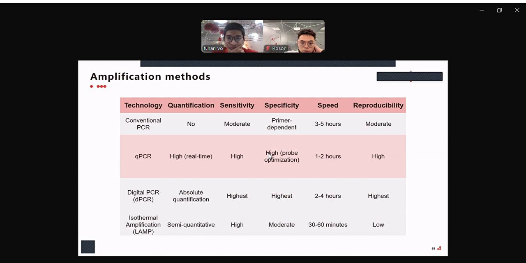And if the specificity gets too high, the sensitivity might get lower. So a good machine, a good product, must balance these two parameters. So this is the comparison of these four kinds of methods.